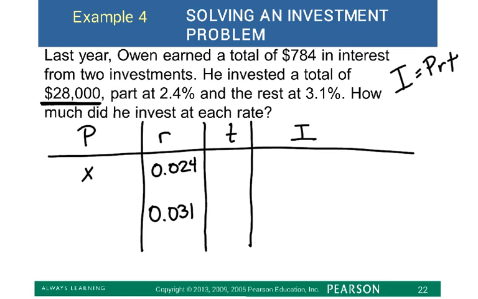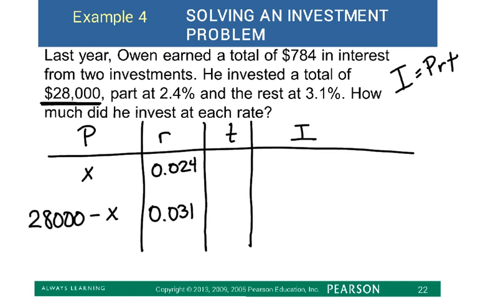So let's say that our principal amount for this 3.1% is going to be our total amount that we're investing minus the investment amount at the 2.4%.